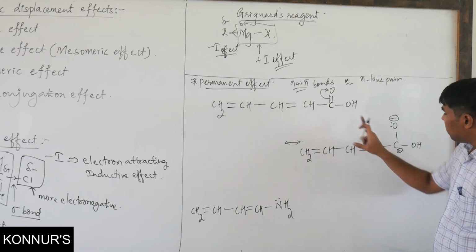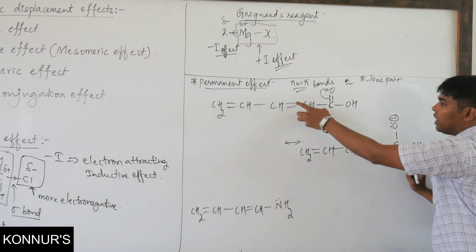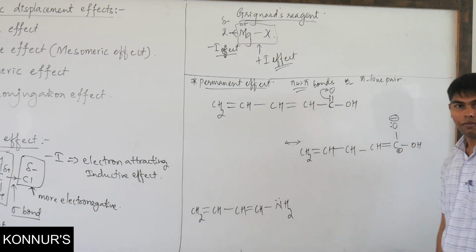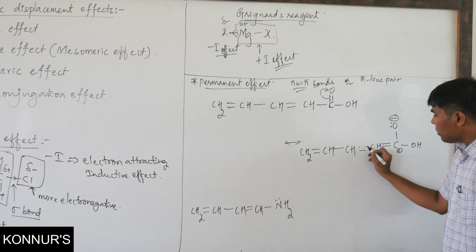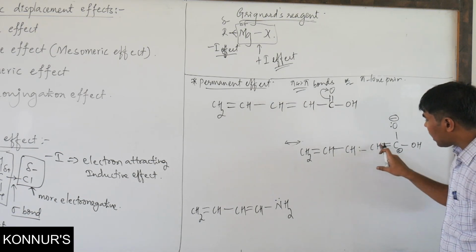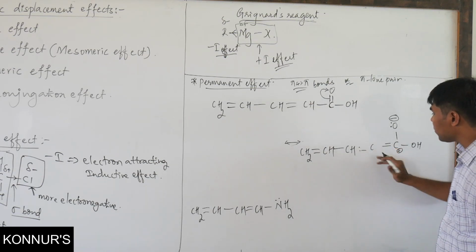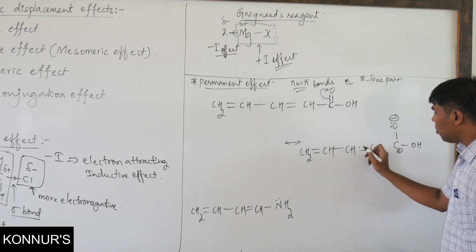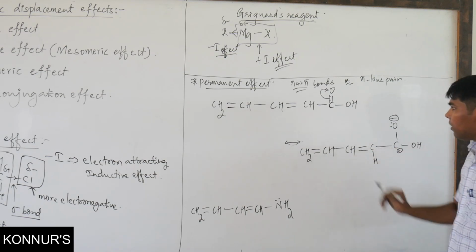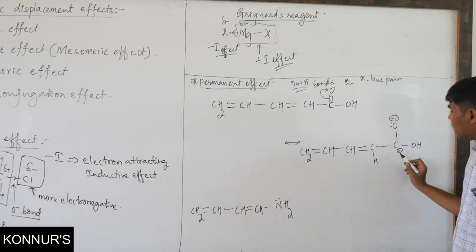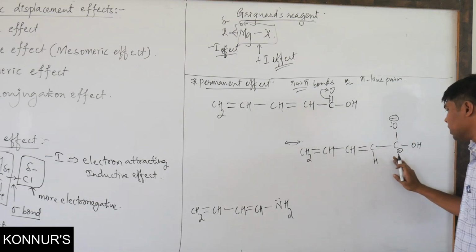In order to balance the valence of this carbon, the bond pair shifts on this side where a double bond comes. Here this electron is of this carbon and remains on the carbon only. Initially it is like this. I have shifted only this bond, where oxygen gets a negative charge and carbon has a positive charge in turn.